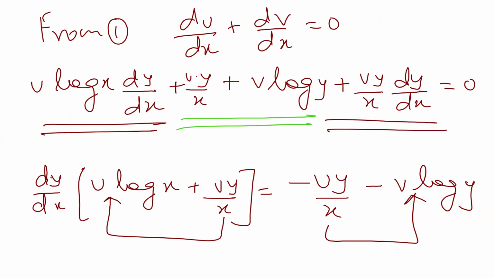So this is the next slide. Then take LCM and cross multiply. vx upon y. Where is vx upon y?